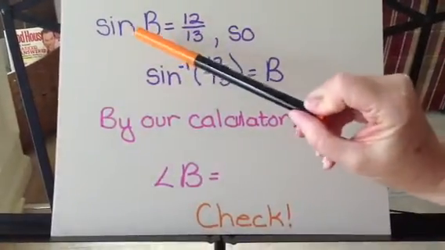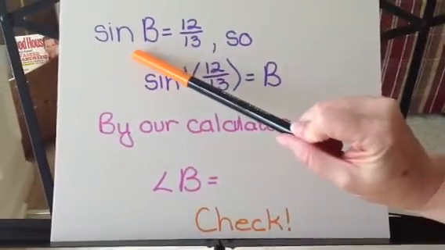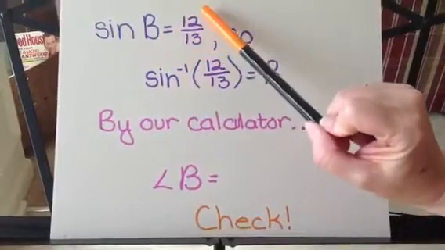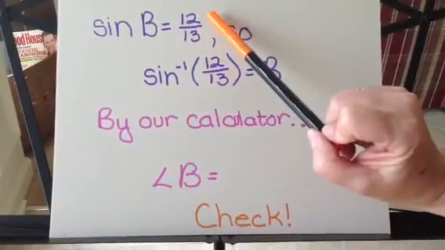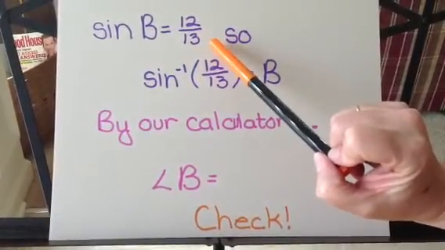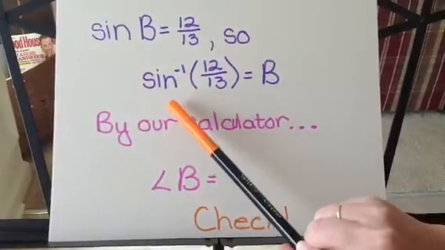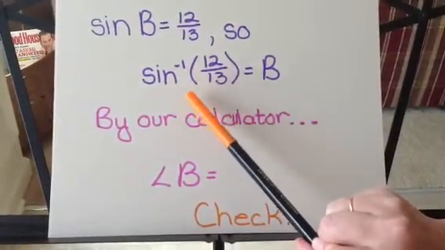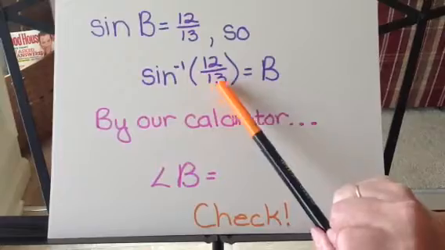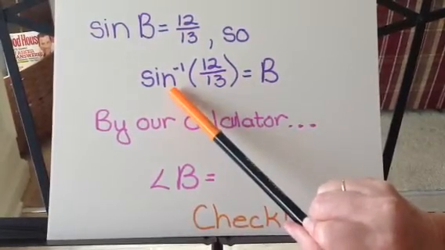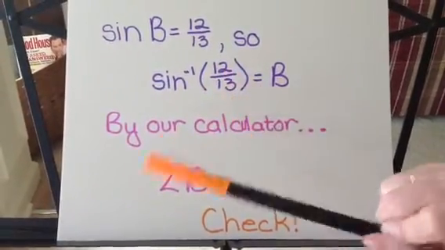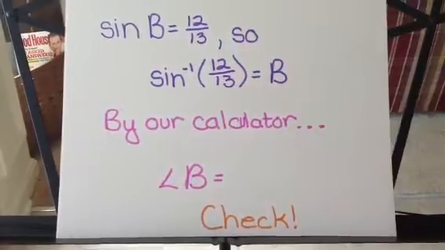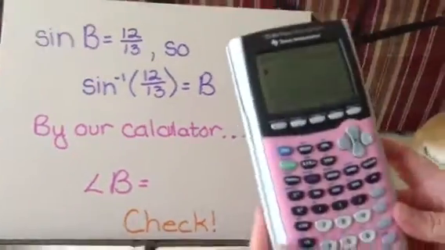We found by looking at our triangle that the sine of angle B was its opposite over the hypotenuse, so 12/13. And our inverse function lets us put the value of the function in here. So we hit the second sine of 12/13, and that should equal our angle B. So here we go.